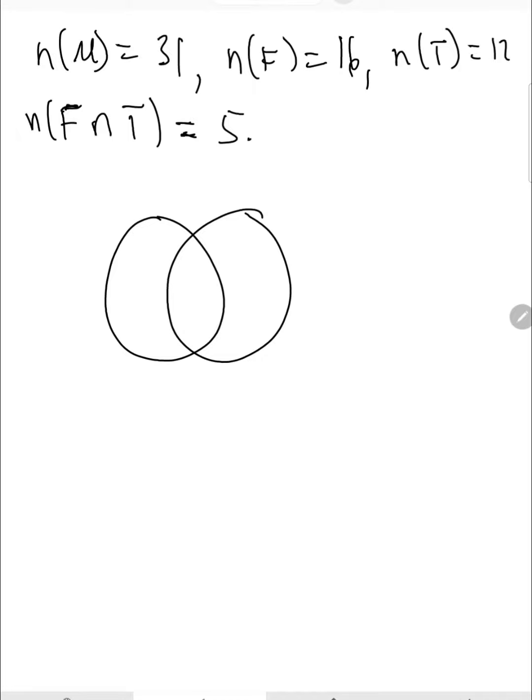First question. We are to find the number of students who play at least one of the games. So what it means is we must first represent our information in a Venn diagram.